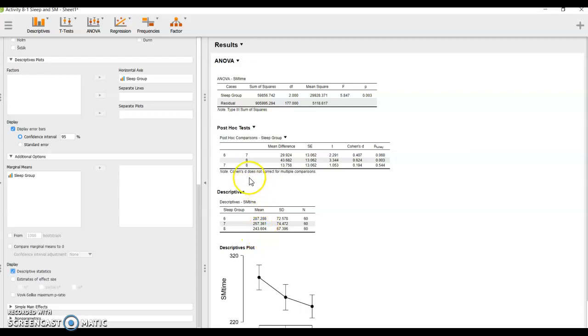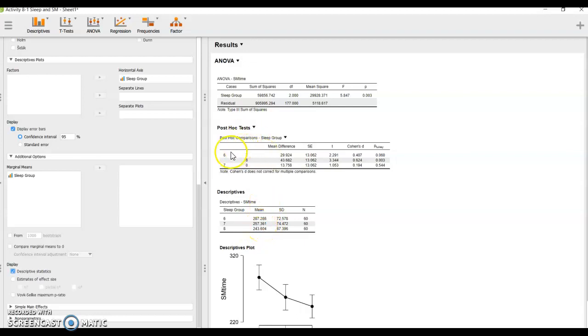Right? Now our post hoc tests are comparing those different means. Okay, so we're doing a comparison. The first post hoc test is a comparison of 6 to 7, right? The group 6 to group 7 had a difference of 29.924, right? That's the difference between 287.286 and 257.361 down here in the descriptives table.